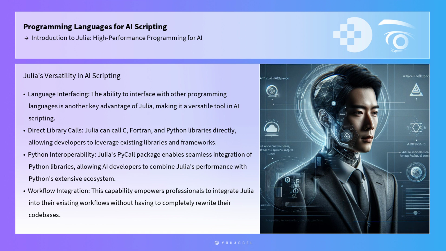Julia's PyCall package enables seamless integration of Python libraries, allowing AI developers to combine Julia's performance with Python's extensive ecosystem. This capability empowers professionals to integrate Julia into their existing workflows without having to completely rewrite their code bases, thus enhancing productivity and reducing development time.